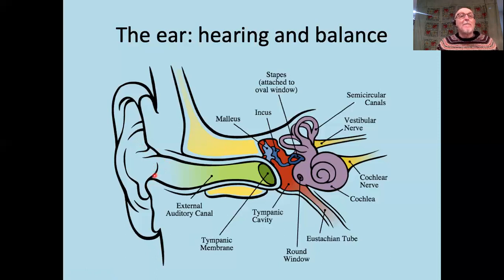People use a huge number of cotton earbuds to try and clean their ears. And when you try and do so, you actually can end up in a lot of trouble. And people do. The external auditory canal produces a wax. It's perfectly familiar to most of you, I'm sure.